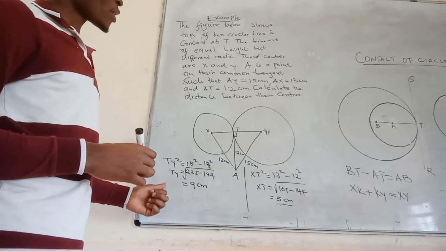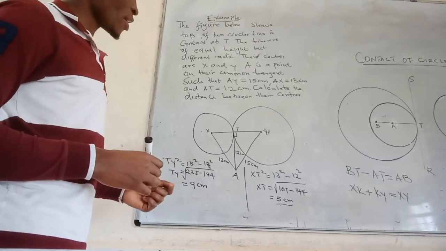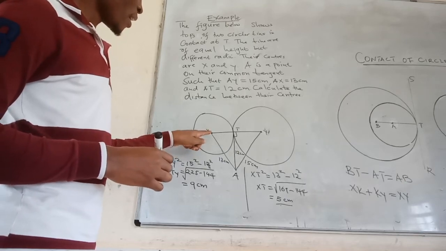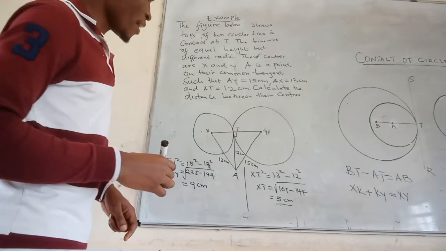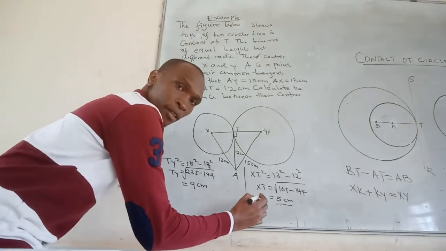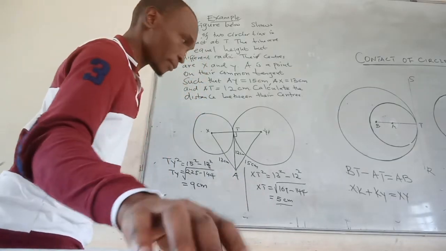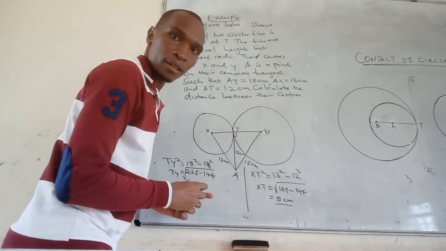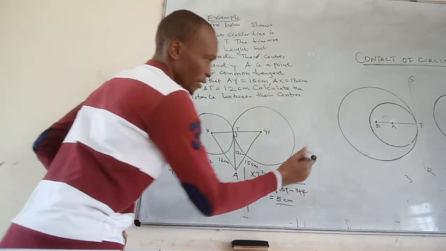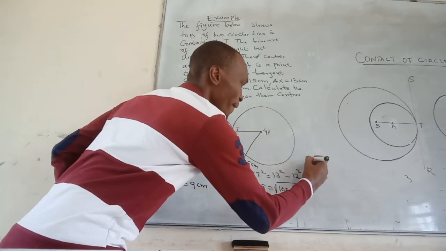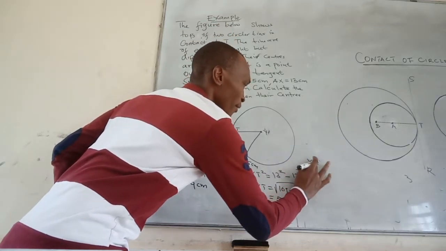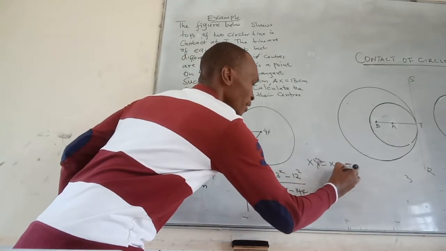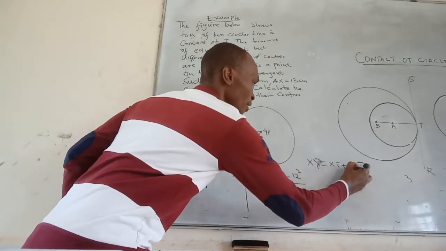But now the question was to calculate the distance between their centers. So the centers are actually from X to Y. Therefore, XY equals XT plus TY.